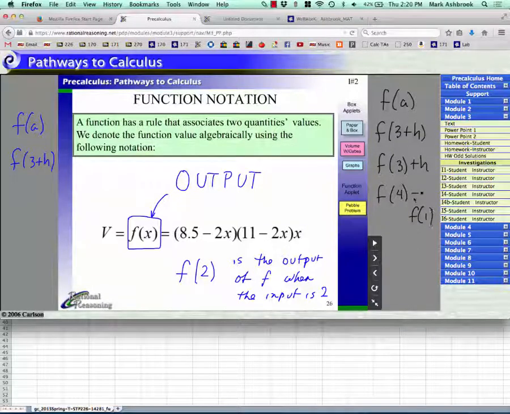I want you to practice: what are the meanings of these expressions? Can you read that? Sorry, it's a lot easier on my computer. One more time.